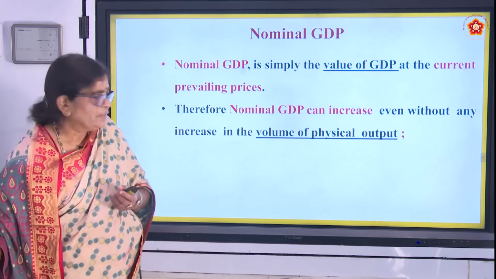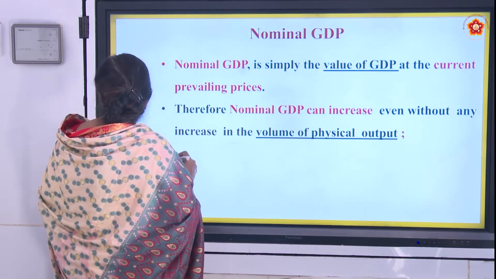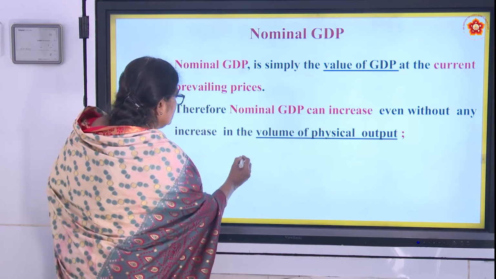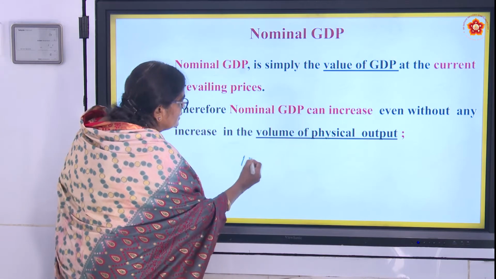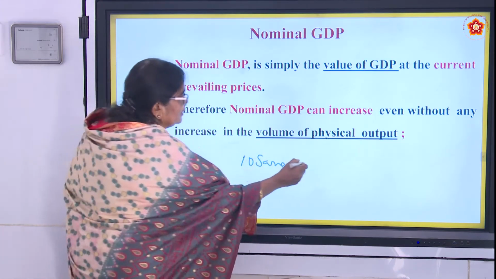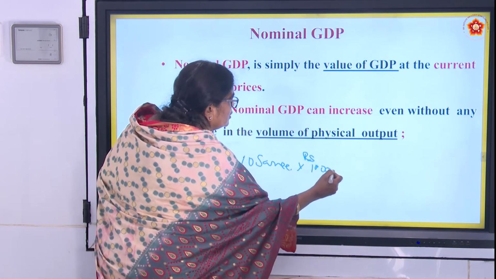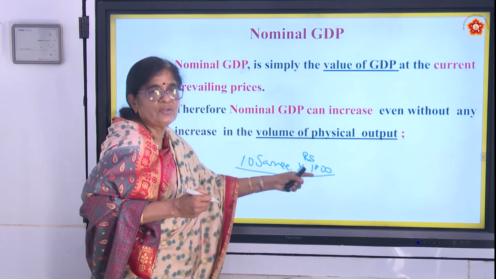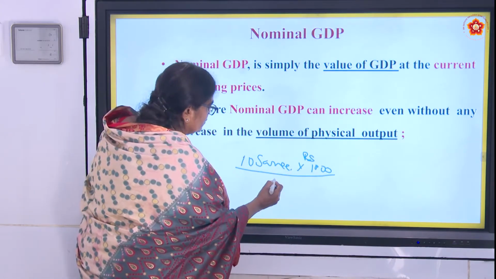For instance, we are going to have an example here. You have 10 saris produced, and each sari is 1,000 rupees. Then how will you calculate the value of this product? 10 into 1,000.